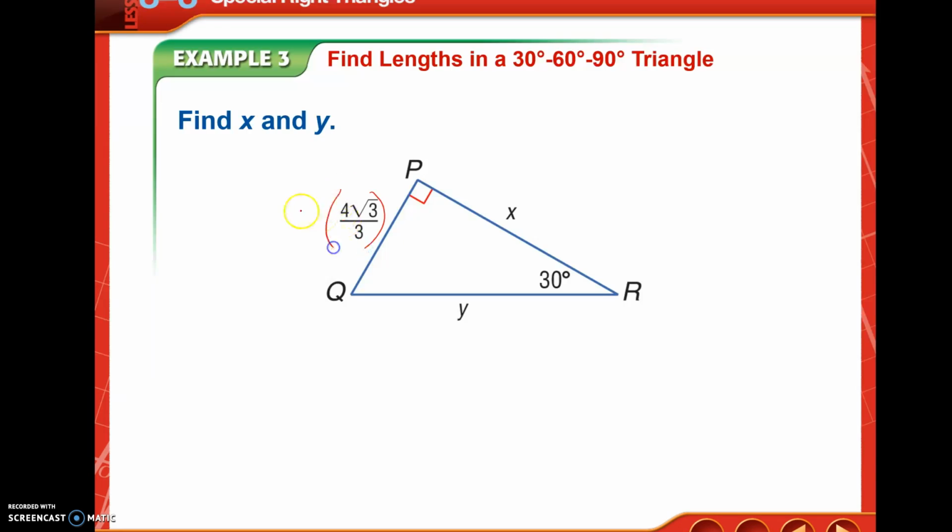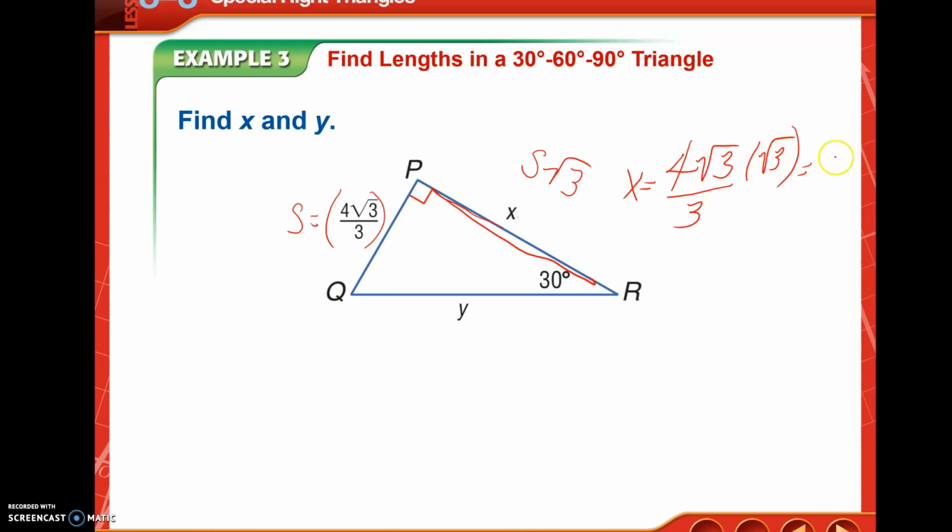This is my short side. So I'm good with that. So then I look at x. X is my longer leg. And so x is whatever the shorter leg is times the square root of 3. So I'm going to take this shorter leg, 4 square root of 3 over 3 times the square root of 3, which will give me 4.